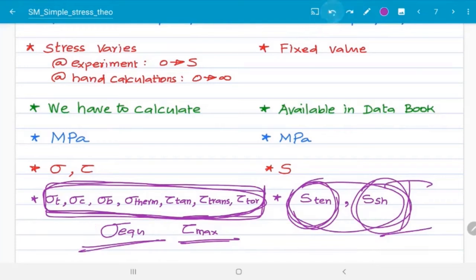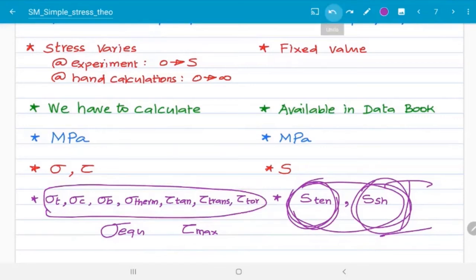After calculating the equivalent normal stress and equivalent shear stress, you go for comparison with the corresponding strength. The stress versus strength comparison, to take the decision whether the component is safe or not. That comparison process is nothing but theory of failure.